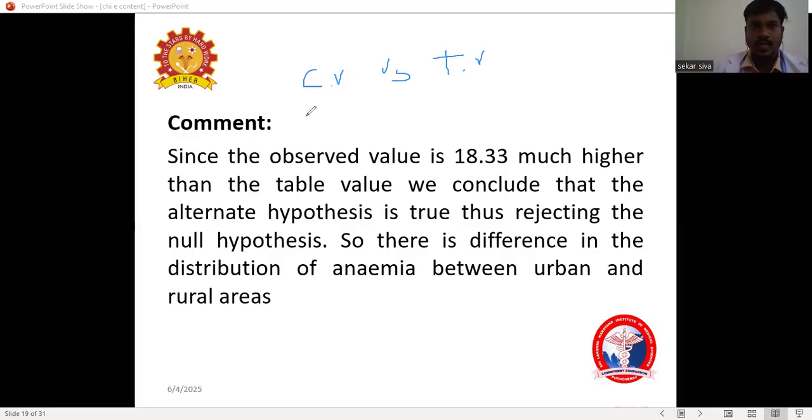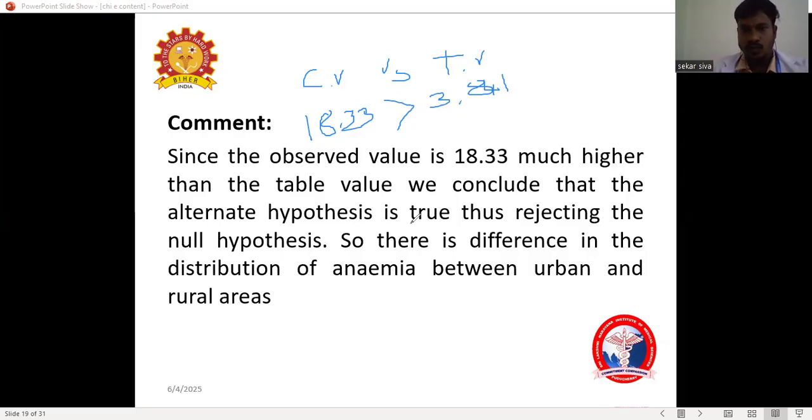Okay, calculated value 18.33 is our calculated value, which is very much higher than the table value, which is 3.841.